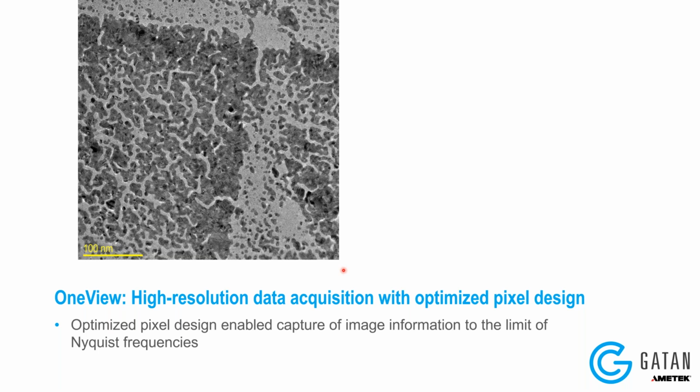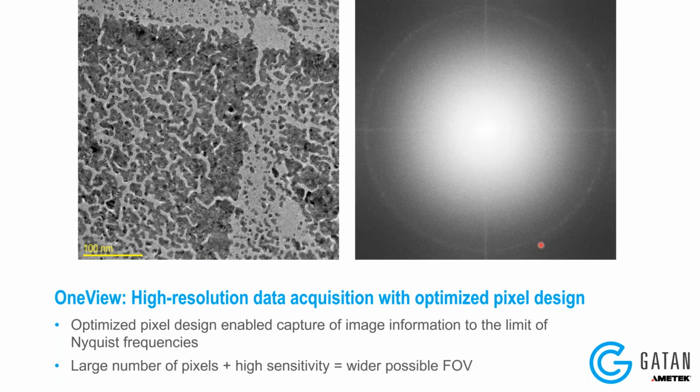But if we look at the FFT of this image, we could see that we could detect, in this case, the gold 111 ring from the FFT. You could detect this FFT information essentially to the edge of the FFT of the image, which means that you could detect information at high resolution and lower magnification to the limits of the Nyquist frequency of the experiment and of the camera.